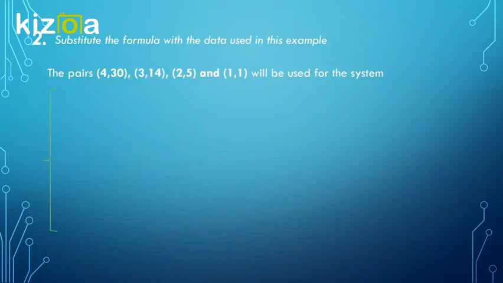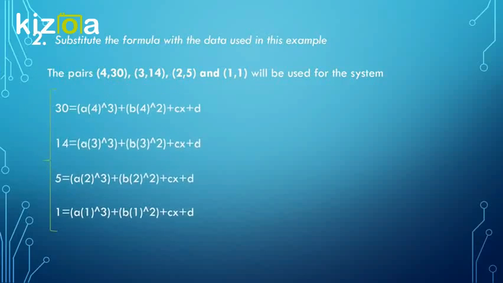Now, we do the same thing as before by substituting the data used in this example into the formula. The pairs (30, 4), (14, 25), and 11 will be used in the system. If we do the same thing as before, with n replacing the x in the formula and s as the result, we'll find ourselves a system of equations. Then you do the same thing again in the third part as well.